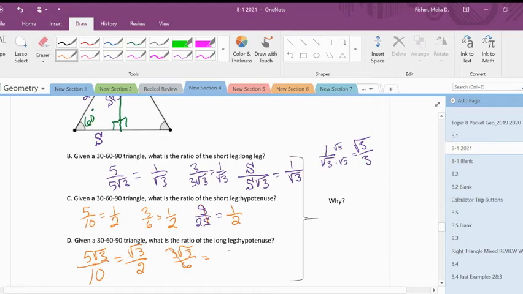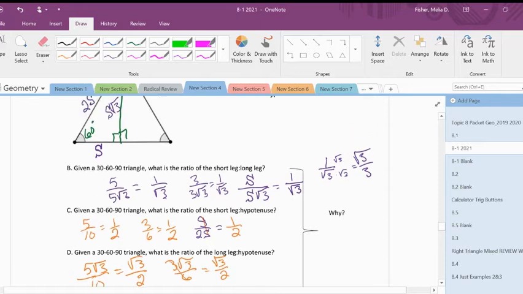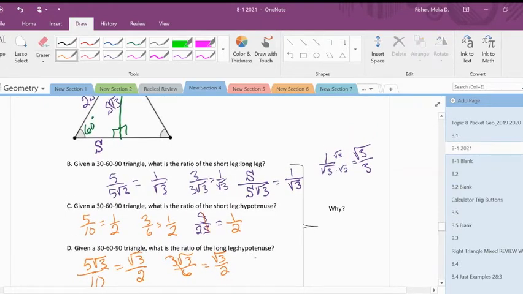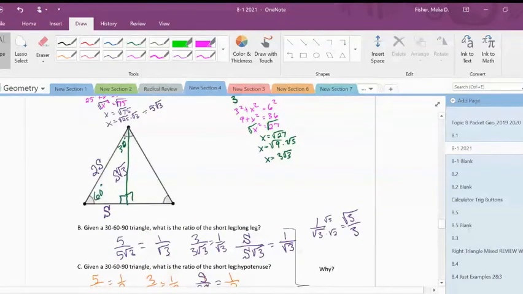This reduces to the square root of 3 over 2. When we look at our generic triangle, we would have the s square root 3 over 2s. Those s's cancel each other out and leave us with the square root of 3 over 2. The reason for this is that these are all similar triangles.